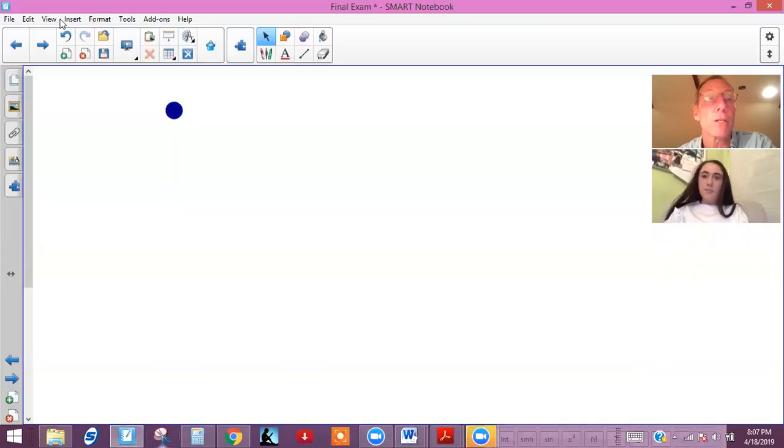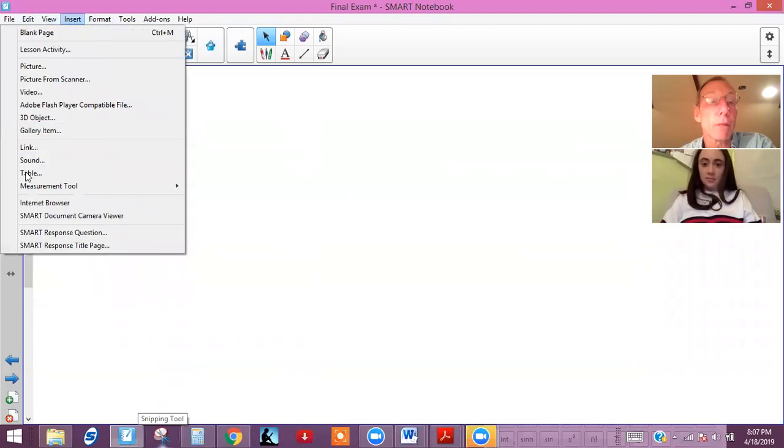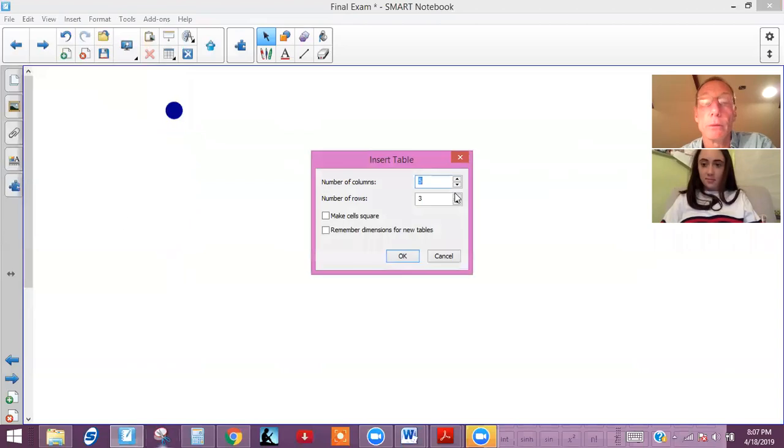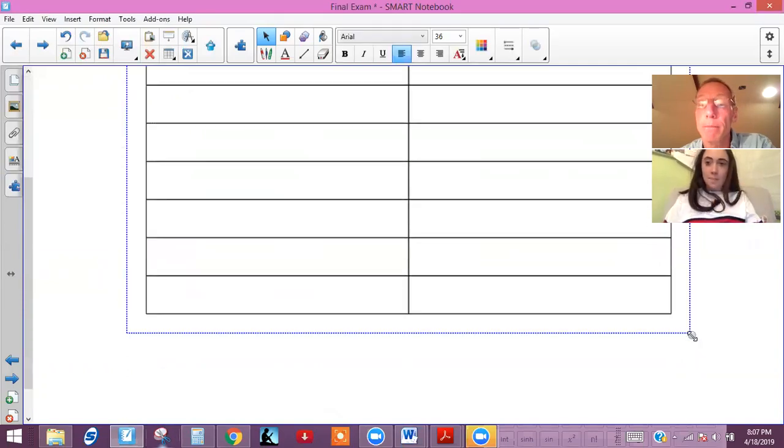So if I were to say, let's see, insert table. And let's just do 7 rows and 2 columns. Okay, so it doesn't have to be that large.